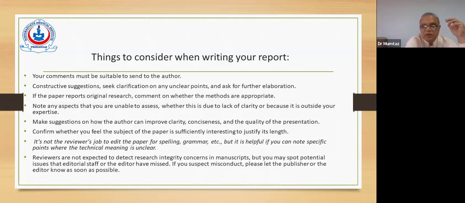कुछ इस तरह भी होगा कि वो आपकी समझ में न आए। Be very honest with yourself, the editor and the authors, and clarify that I was unable to assist with this. Make suggestions on how the author can improve clarity, concision, and quality of the presentation.